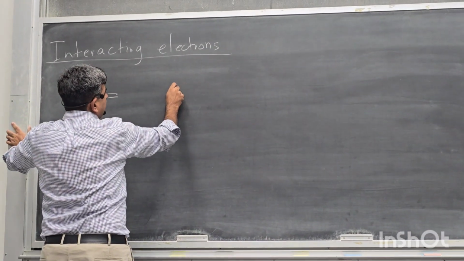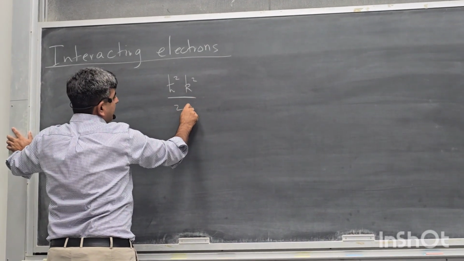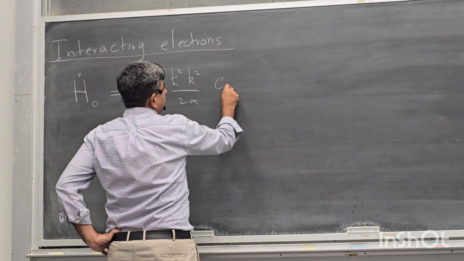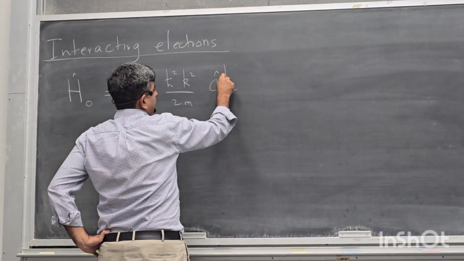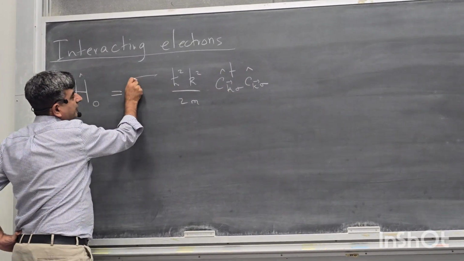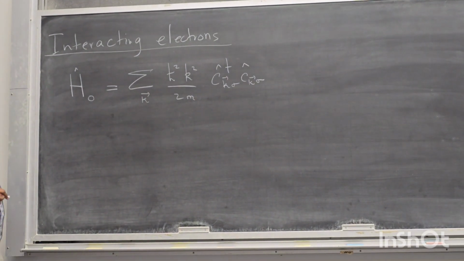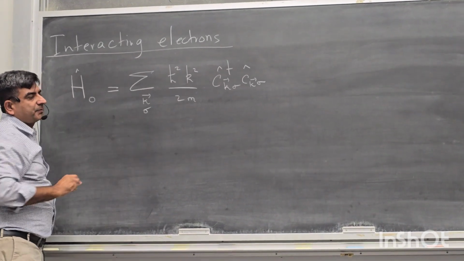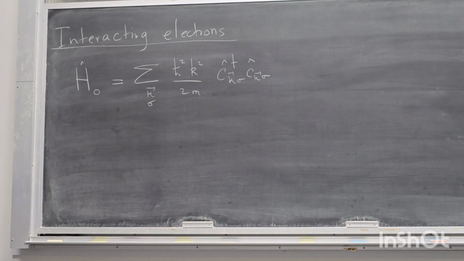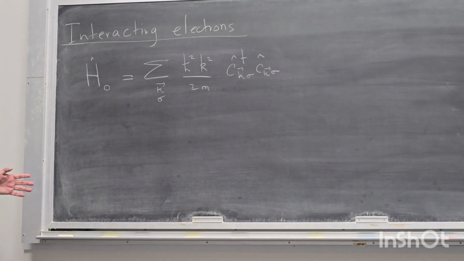It's given by the sum of ħ²k²/2m c_{kσ}† c_{kσ}. You sum over all the wave vectors k and the two kinds of spins, up spin and down spin. So this is like the kinetic energy part without any interactions.